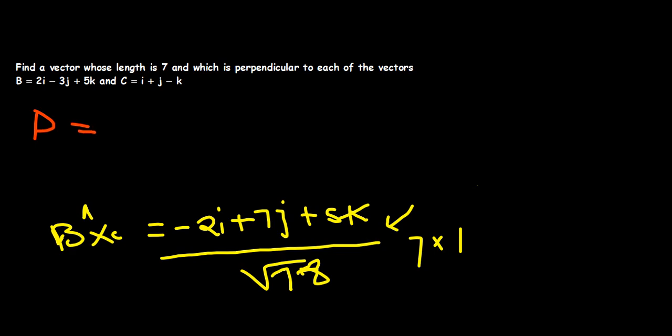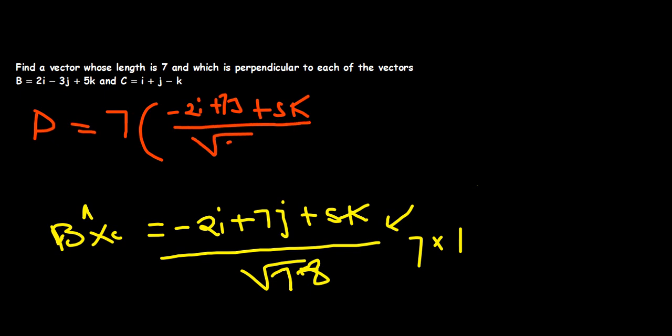We can name the new vector d, which is equal to 7 multiplied by the unit vector here. So it will be minus 2i plus 7j and then plus 5k, and then we are dividing all this by the root of 78. Let me write it properly, root of 78, like that.